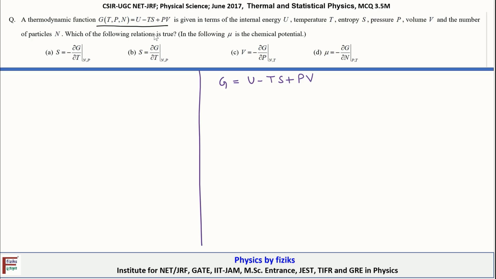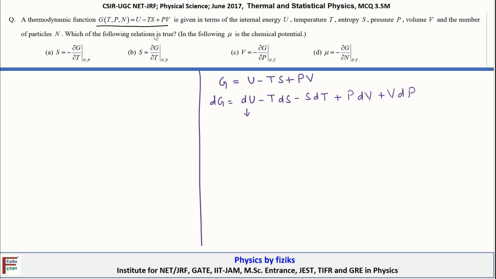Okay, so we can find a small change in Gibbs free energy dG, that is equal to dU minus TdS minus SdT plus PdV plus VdP.